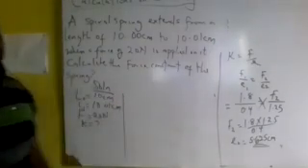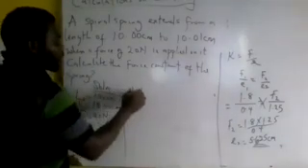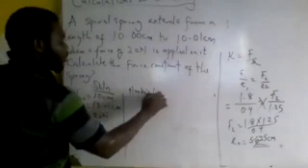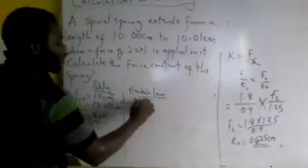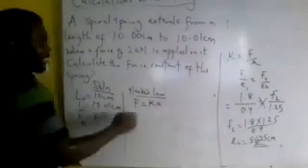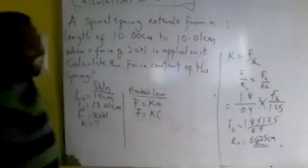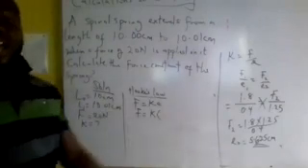Now, ordinarily, we know that Hooke's law tells us that F is equals to KE. But remember that I can still write this as F is equals to K open bracket. Now, my E, remember E is what?